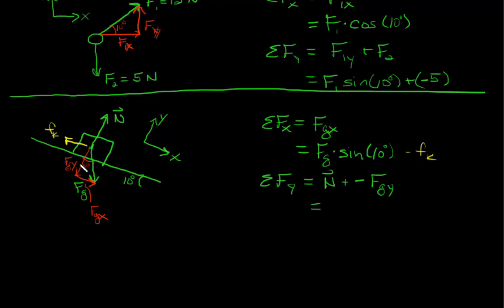Fg in the y, that's next to it, so it's cosine. So it's going to be the normal minus Fg, next to, so it's cosine 10. But here's the thing, it's all going to be 0. Anyway, we'll get to equilibrium and stuff, but it's more practice just figuring this stuff out, setting up the diagram really.